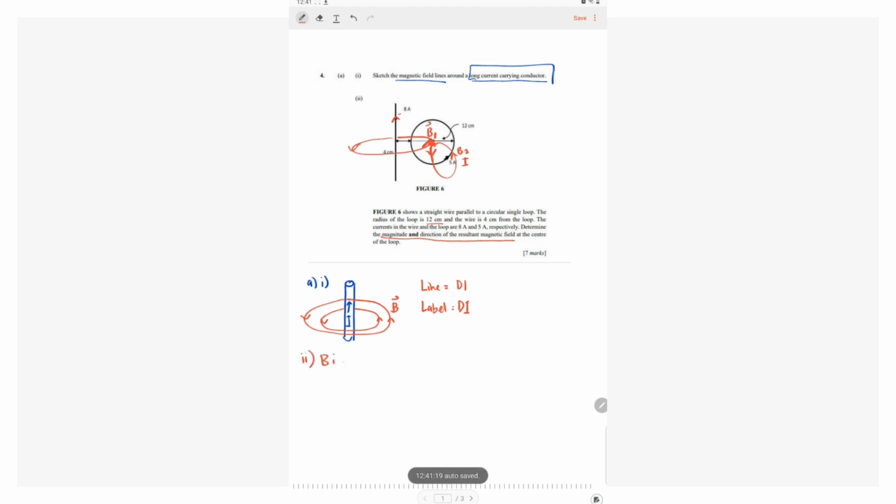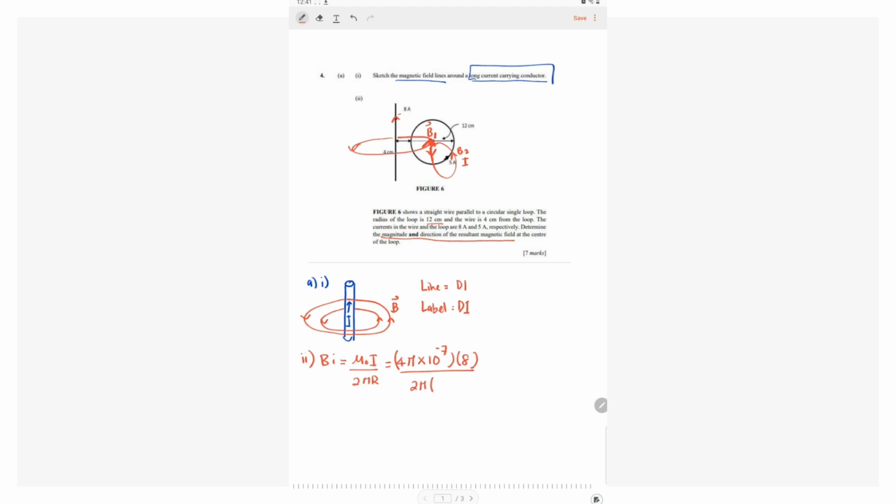Okay, nak kira B1, oleh kerana B1 tu adalah daripada conductor, kita guna formula conductor, iaitu straight wire, mu naught I over 2 pi R. Okay, mu naught adalah constant, I untuk straight wire, 8, dan bahagikan dengan 2 pi.